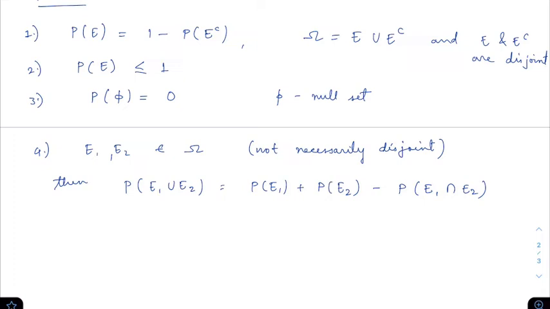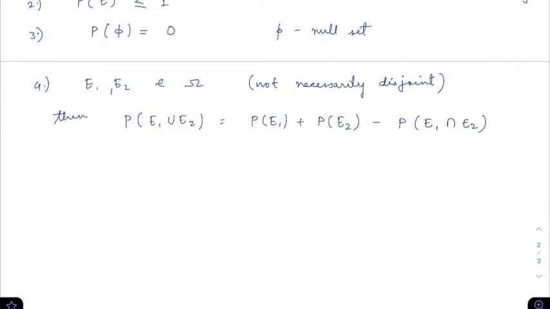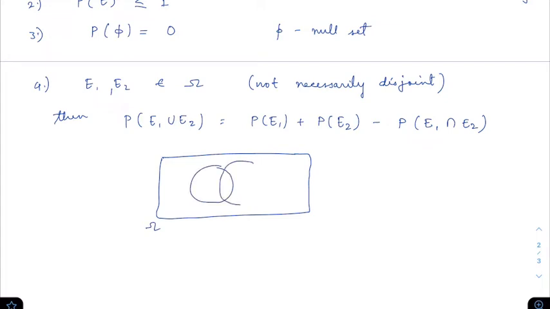This is easy to see from set theoretic ideas as well, if you look at it in terms of Venn diagrams. So this is the complete set Omega, and we have these two sets, E1 and E2. When we add the probabilities of E1 and E2, there is a double counting of this region. That's why we subtract that when we look at the probability of the union of the two events.